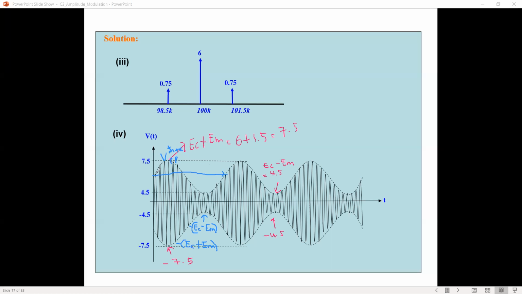This is your TM, right? So from this period, you'll be able to get your FM, which is 1 over TM is 1 over FM.